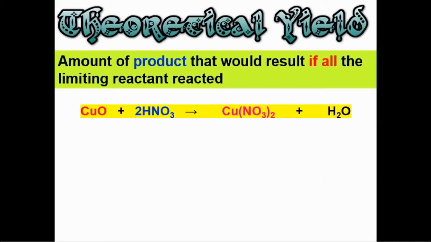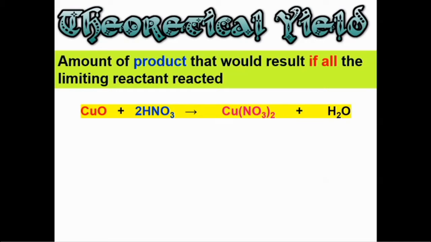The problem that we are discussing right now: from the balanced equation, we know that 1 mole of copper(II) oxide reacts with 2 moles of nitric acid to produce 1 mole of copper(II) nitrate and 1 mole of water.